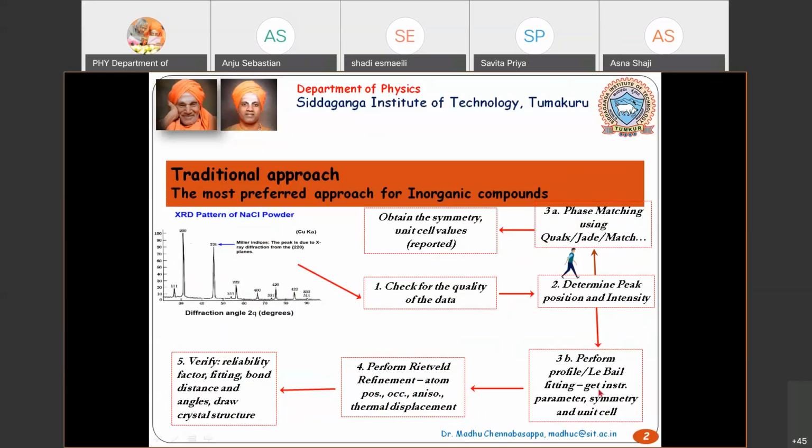If I am using Thompson-Cox-Hastings, then we are going to refine mostly your X, Y and W; in some cases W, if not, it's not necessary. And also your background. Background depends on your instrument and also the way you collect the data. Those things are taken care of by your profile fitting.